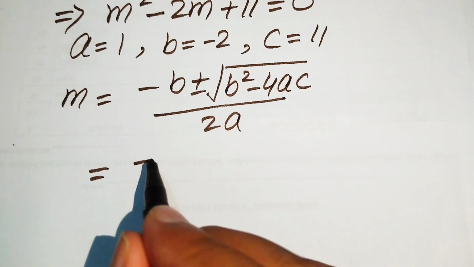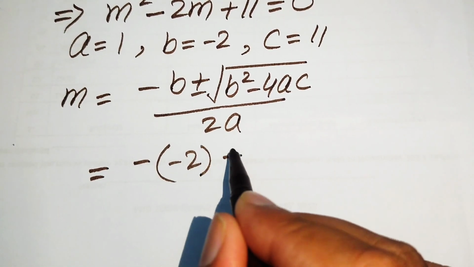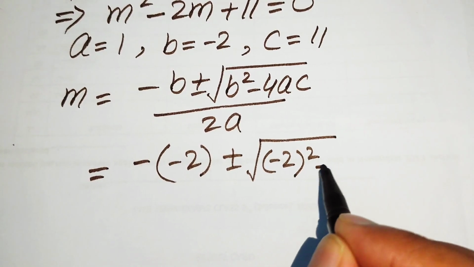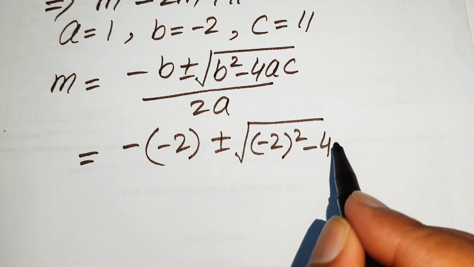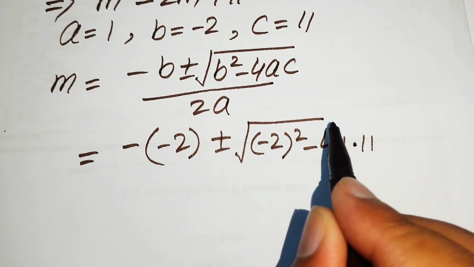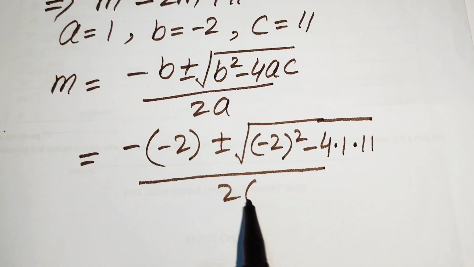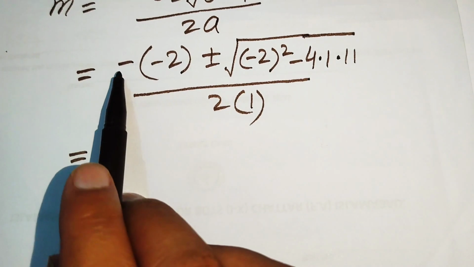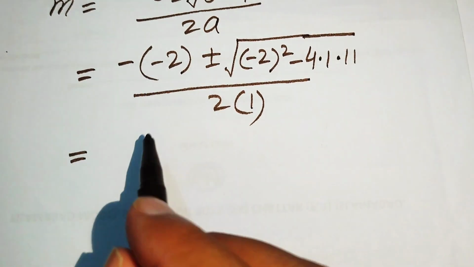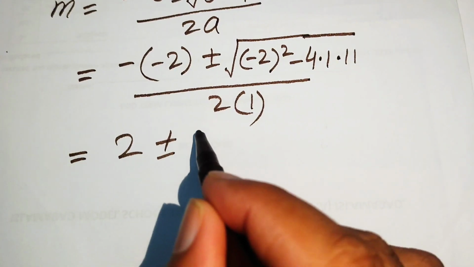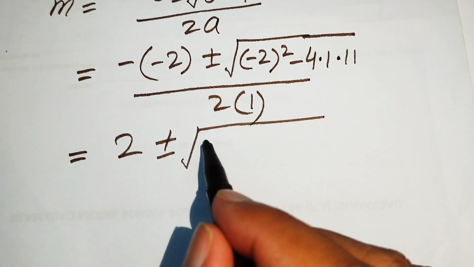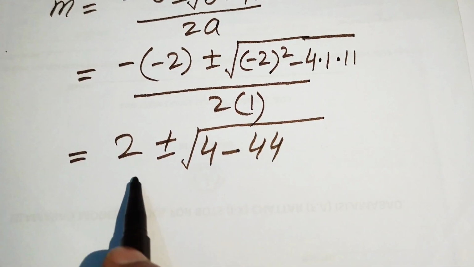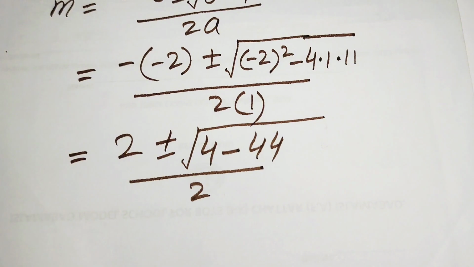We substitute it here, and it will be written as minus times minus 2 plus minus square root of b square, so b is minus 2 square, minus 4 times a is 1 and c is 11, divided by 2 times a, and our a equals 1. Now we multiply these values: minus times minus becomes plus 2 plus minus square root of minus 2 square equals plus 4, and 4 times 11 equals 44, divided by 2 times 1 is 2.